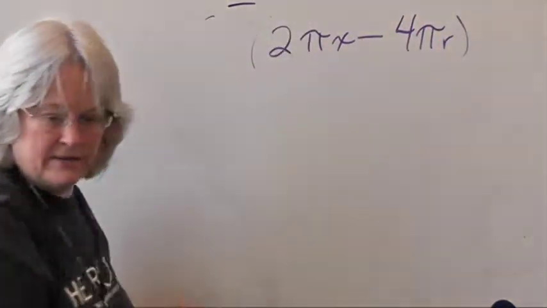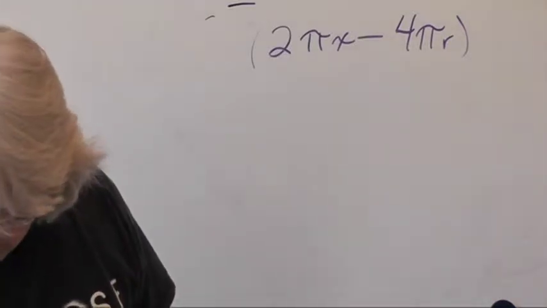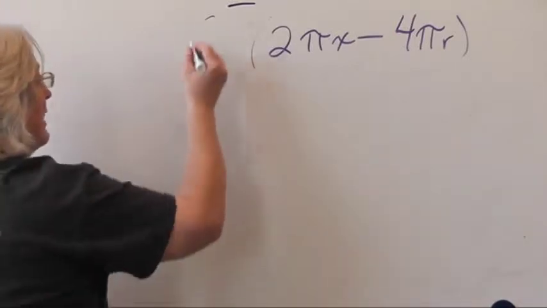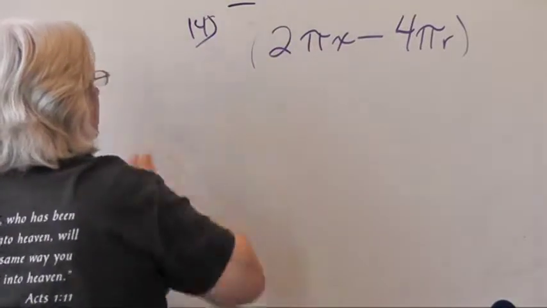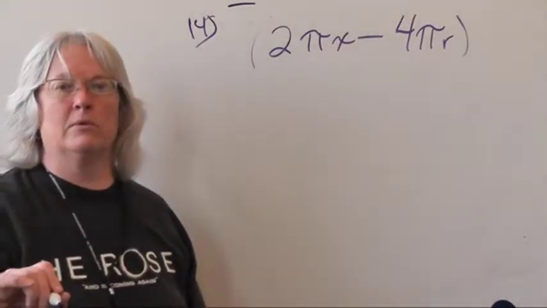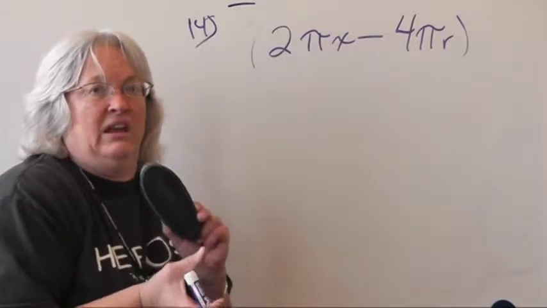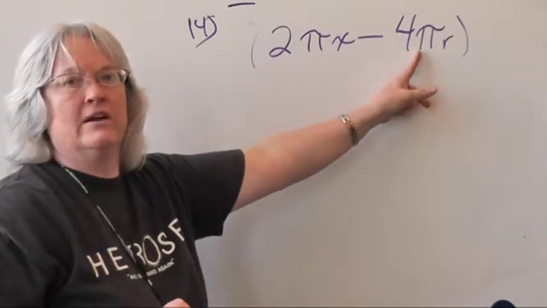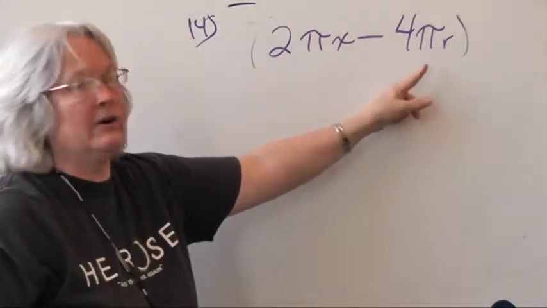Now I believe I said that this was number 14. Yes, this is number 14 in your exercises. And I know that at least some of you are saying, can't do it, because it has Greek letters in it, has a couple different variables.